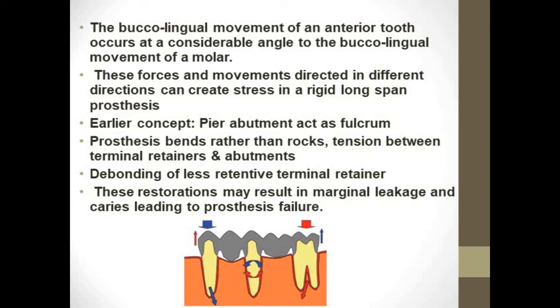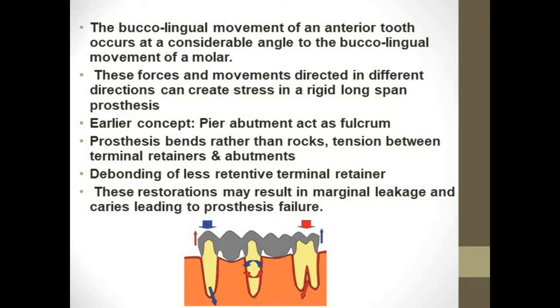But later photoelastic analysis, stress analysis and displacement measurement studies indicated that the prosthesis is actually bending rather than rocking. Further studies showed that it is the tension between the terminal retainers and their respective abutments that is causing failure, and it is not the pier abutment acting as the fulcrum.